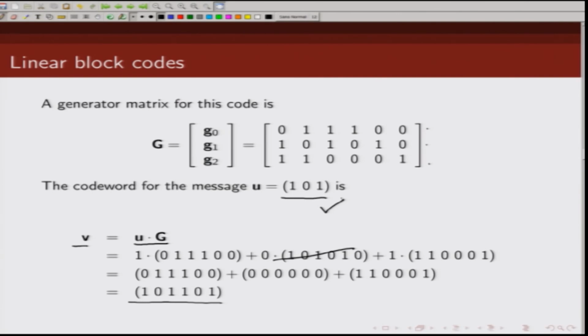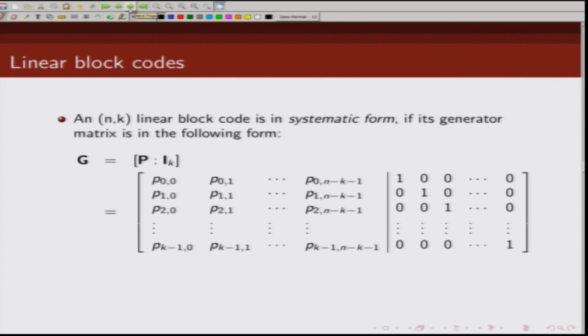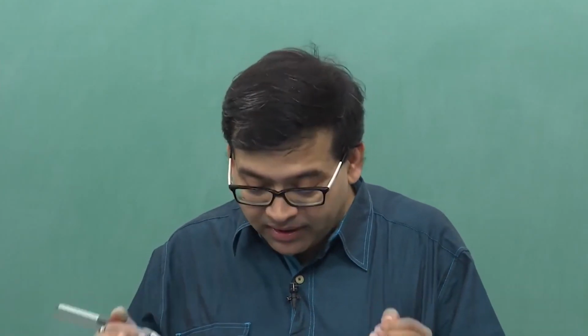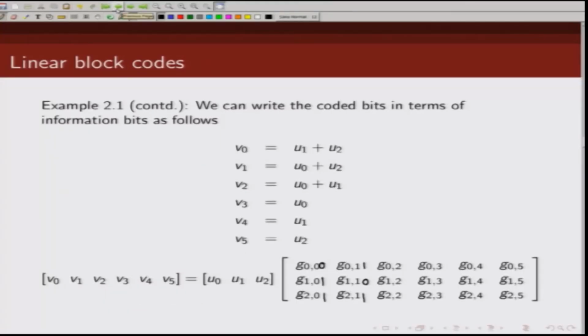Now, what do we mean by a linear code in systematic form? If the message bits appear directly in the coded bit sequence, then we can separate out the message bits from the parity bits. For example, go back to this example. What do we have here?